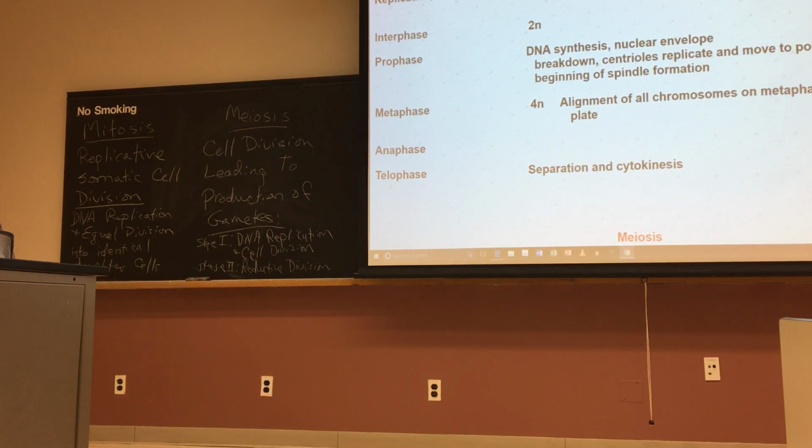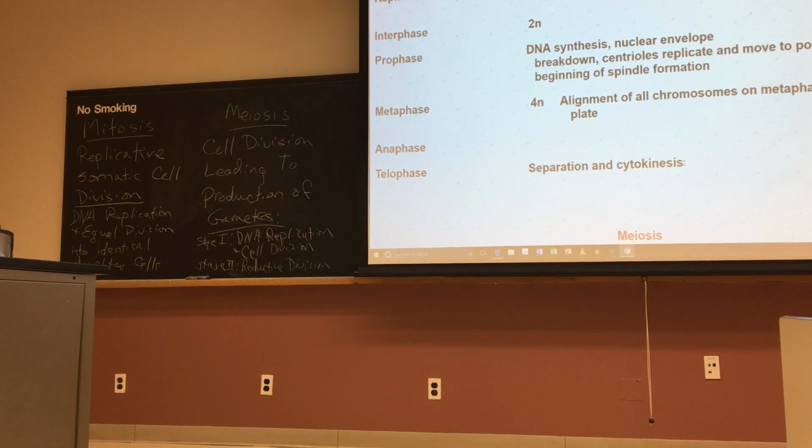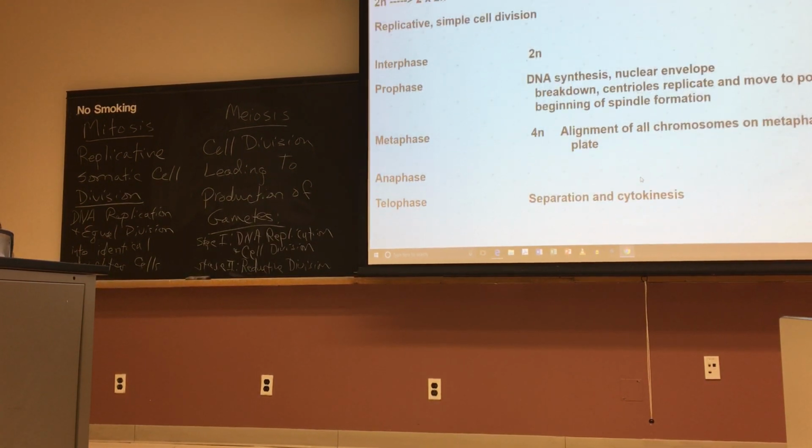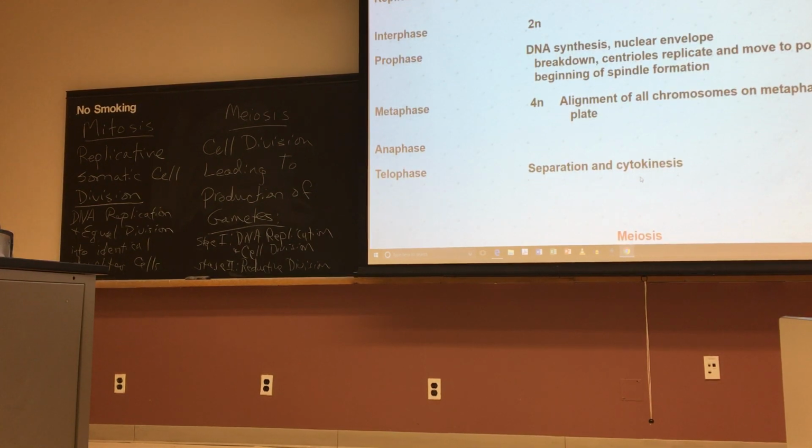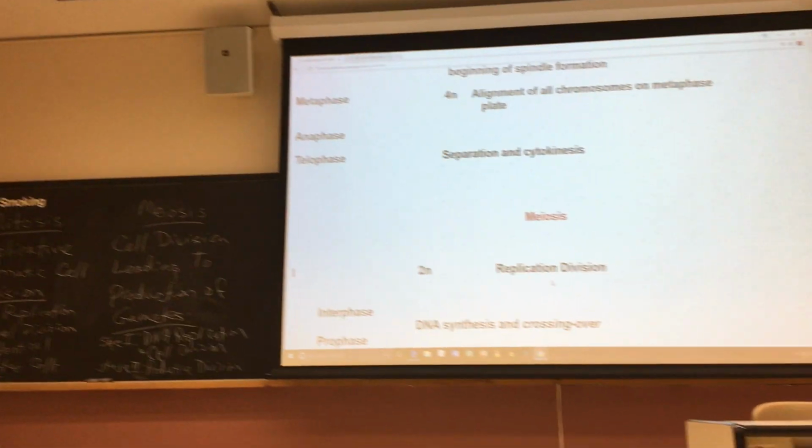At anaphase, you start to have these move apart toward the poles, and then finally in telophase, you actually get separation in cytokinesis, or breaking into 2 daughter cells. So it's a complicated process, but it's replicative and relatively simple.